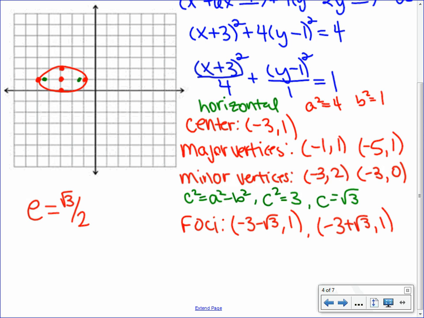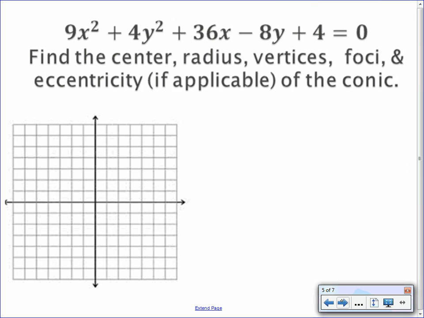Let's try another one. Alright, so is this an ellipse? Yes, x squared and y squared are both present, they're both positive. Okay. Well, we're going to have to put it into standard form.